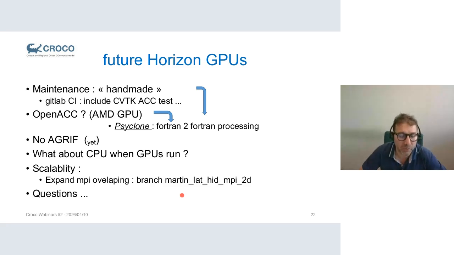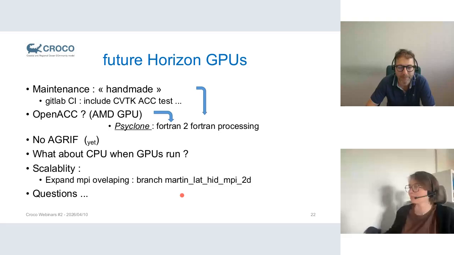One way is to explore MPI overlapping. There is a branch which tests it on GitLab. That's all I have for now. If you ask questions, I will be here. Thank you.